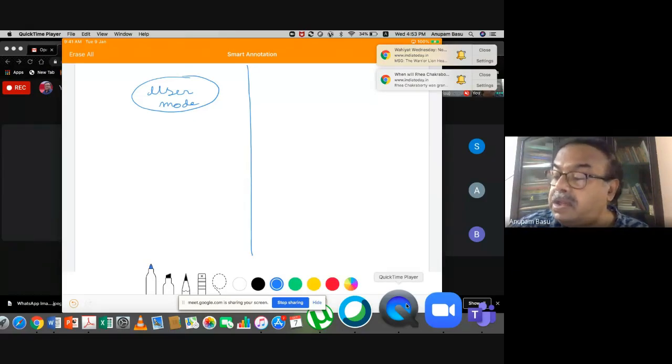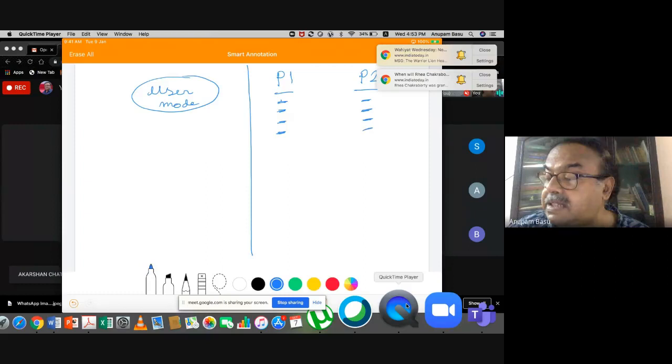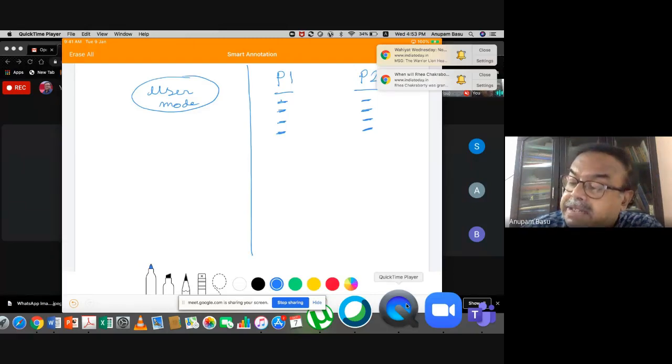Now, process P1 and process P2, or singer 1, singer 2. Processes are doing the works which they need, and for that they have access to the registers, they have access to their own local memory, and they are able to execute. So the entire system in a time shared mode is still in the user mode.